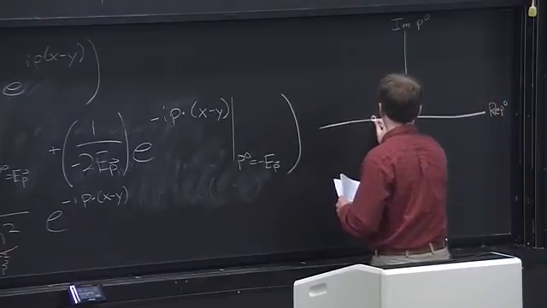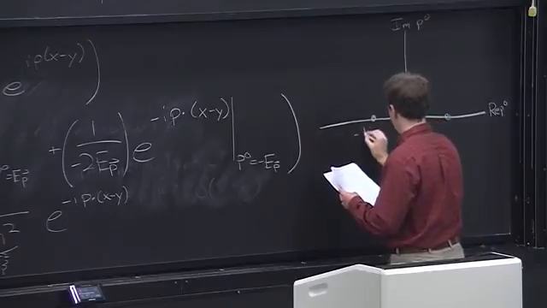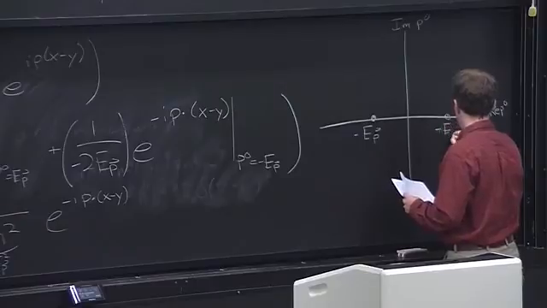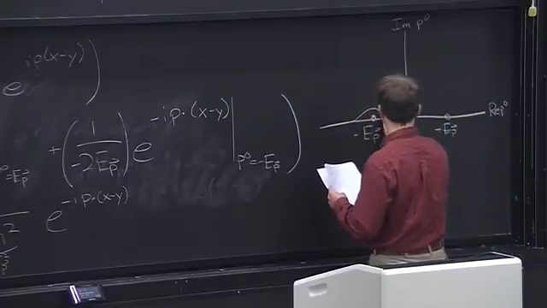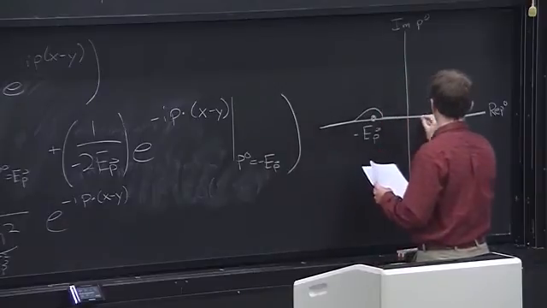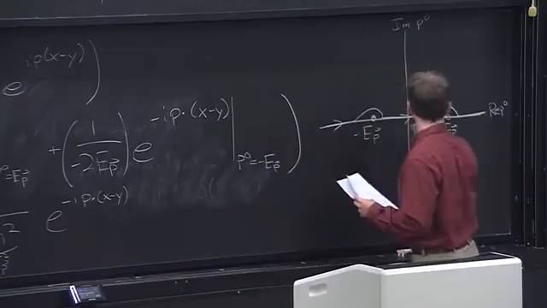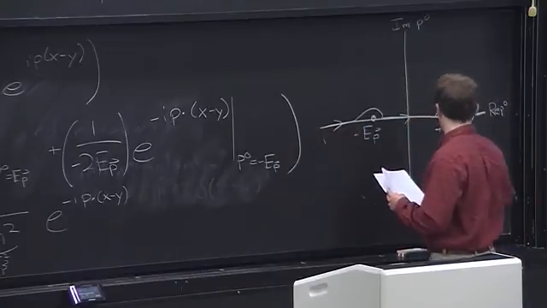Here is the point minus E_p, and this is the point plus E_p. I'm going to go just around both of the poles, above them, and close my contour here.